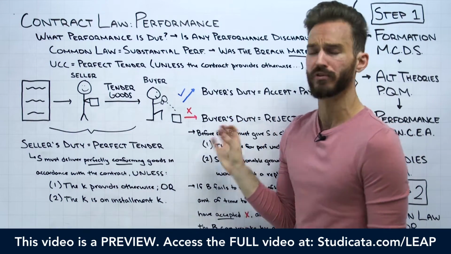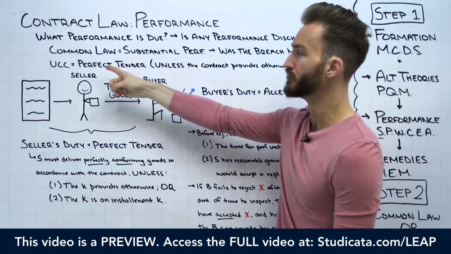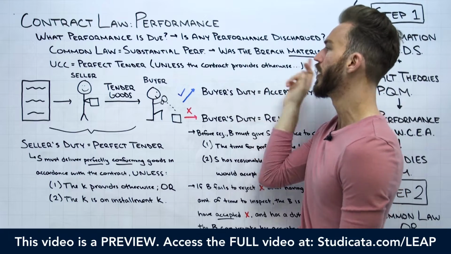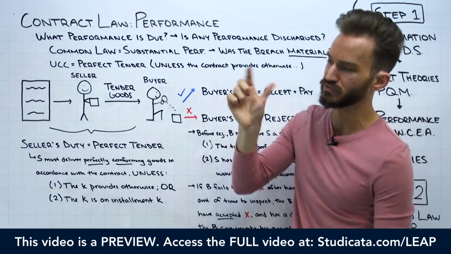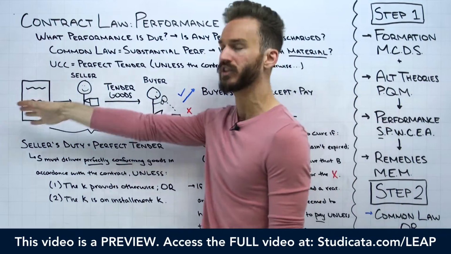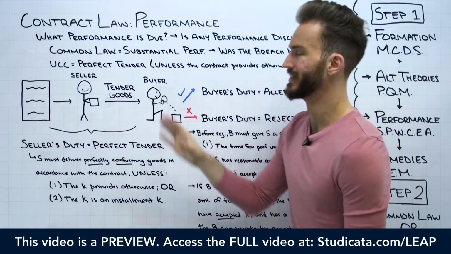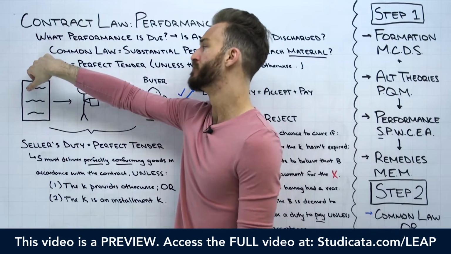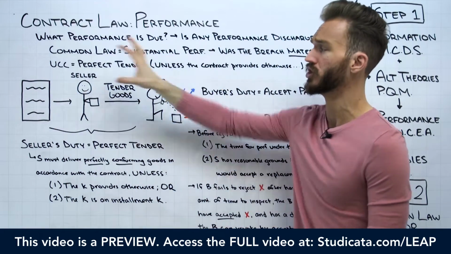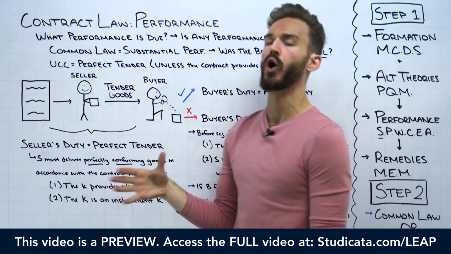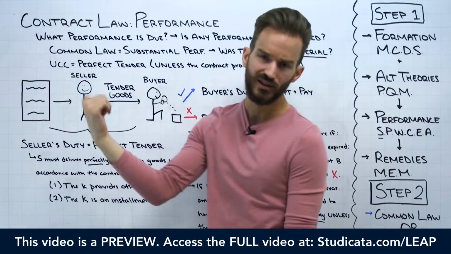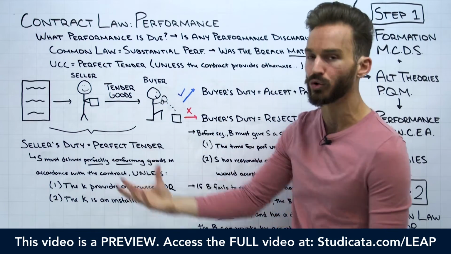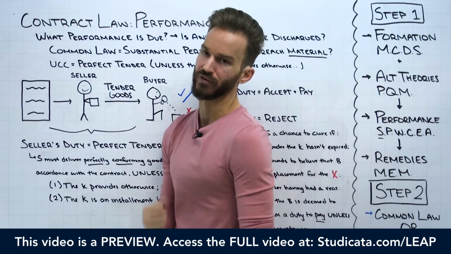They say, hey, performance here is going to be governed by rules of common law, of substantial performance. We're going to focus on whether the breach is material. So even a small breach in delivery of these goods can still not invalidate the performance or invalidate the contract. So the parties to the contract under the UCC can contract in almost anything they want, again, as long as it's not illegal, unconscionable, or in violation of public policy. They can contract out all of these rules of perfect tender.